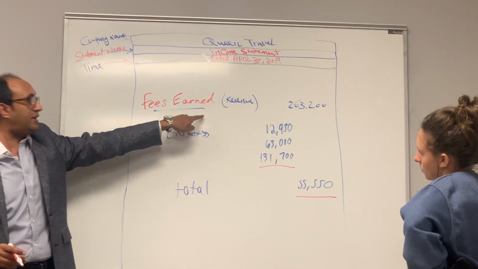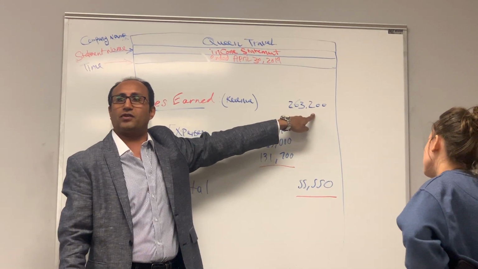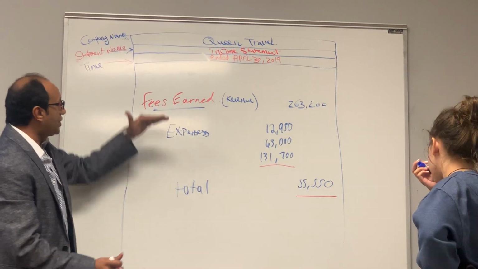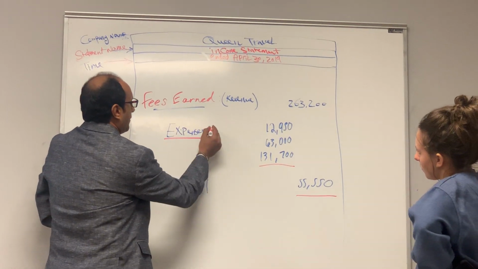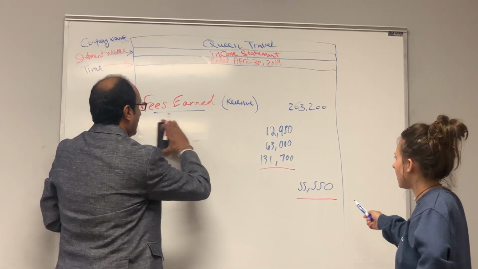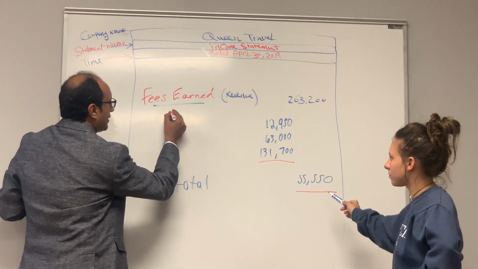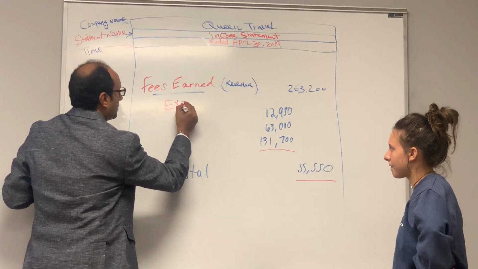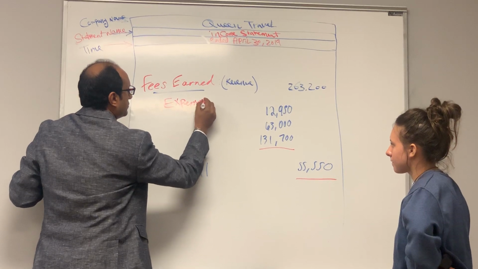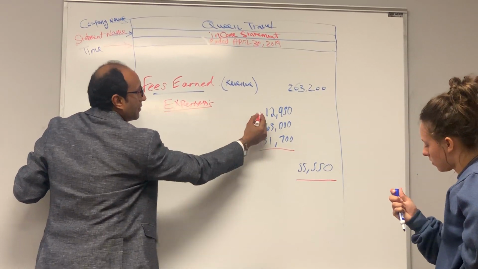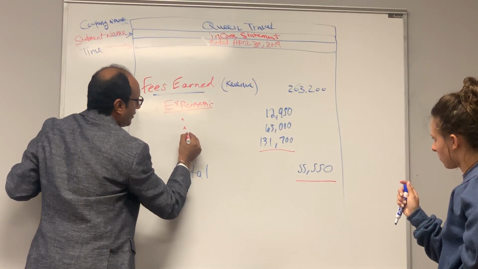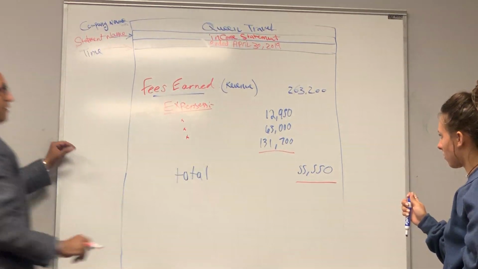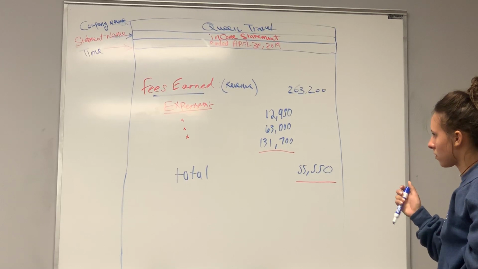Revenue or fee earned, the total for revenue or fee earned, and she put everything for expenses. You have to put the net income here, and title the expenses. Write down here. Miscellaneous expenses.